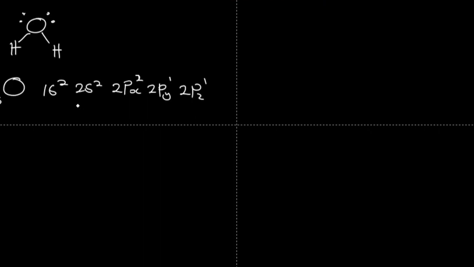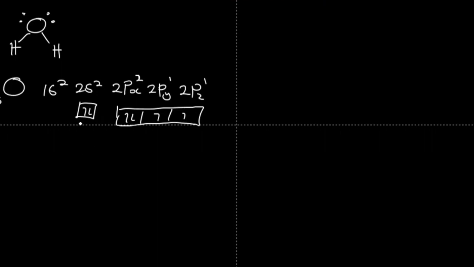So when we draw the spin, we'll have opposite spin in 2s. Now the 2p orbital is degenerate. And so we have two spins in 2px, one spin in py, and one in pz.